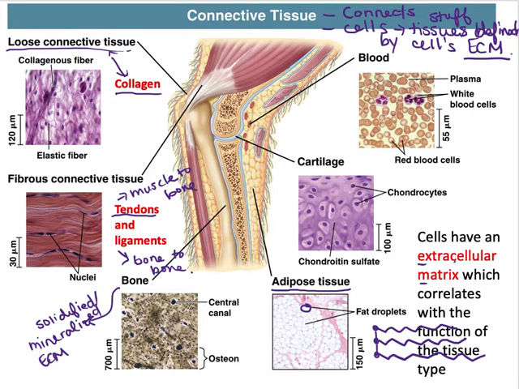Cartilage is going to be found in our joints to cushion bones at the joints. So cartilage has cells called chondrocytes, and the extracellular matrix also consists of collagen, but a rubbery, more flexible type of fiber.